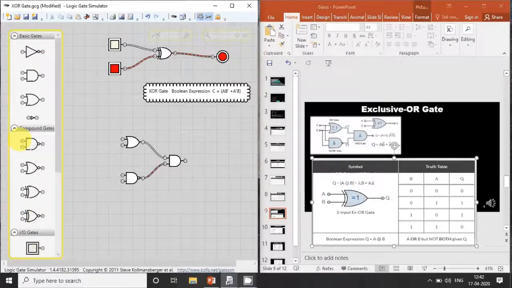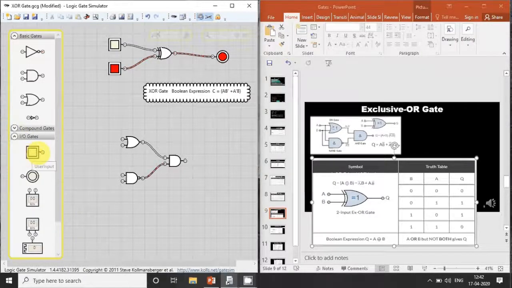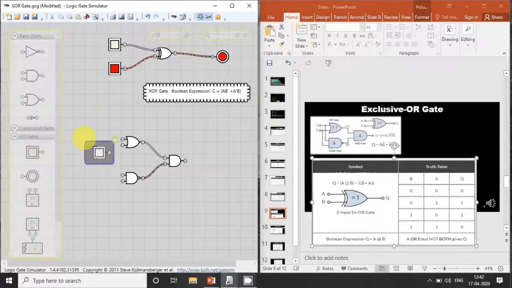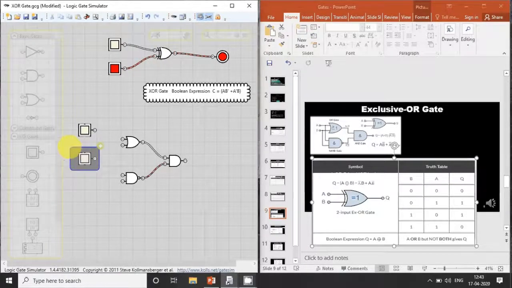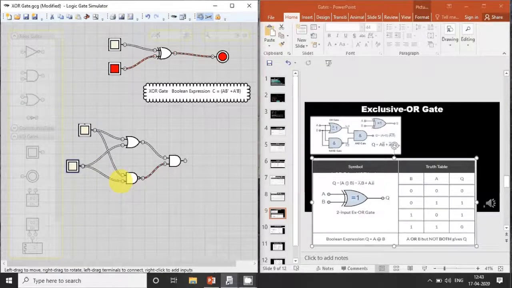Now take two inputs, first input and second input. Apply this input to this, and similarly this input from this.